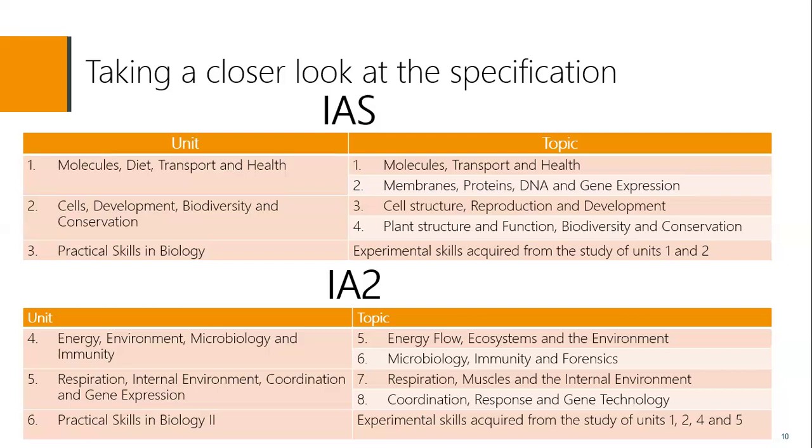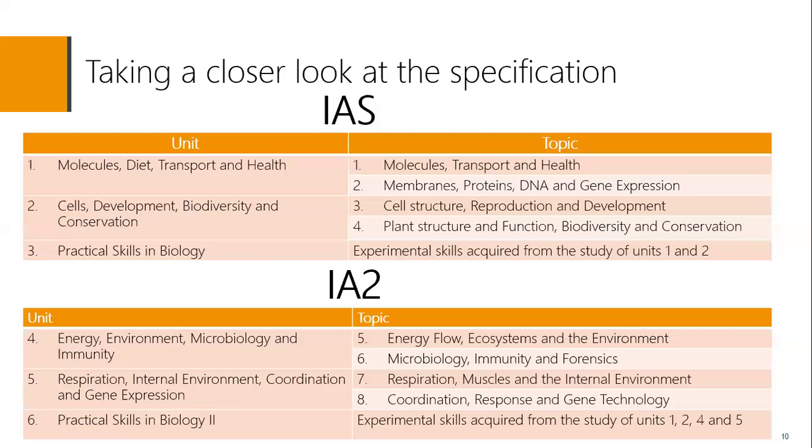Note that the content is split into 6 units. 4 units, 1, 2, 4, and 5, detail biological knowledge and understanding that can be assessed in the examinations for these units. 2 units, 3 and 6, describe how the practical skills candidates need to develop during the course will be examined.